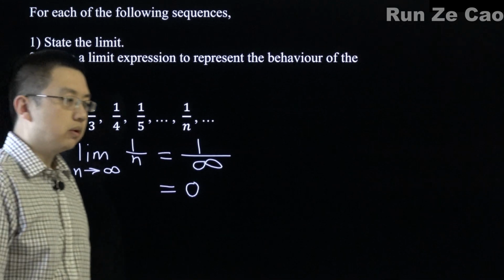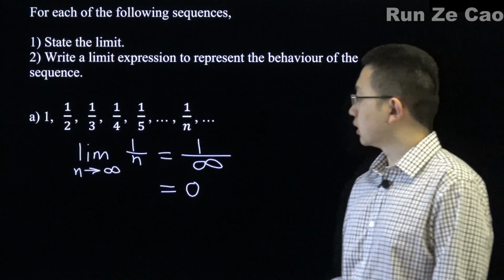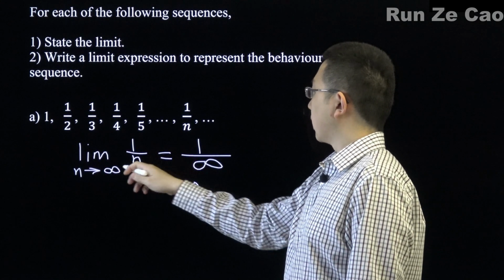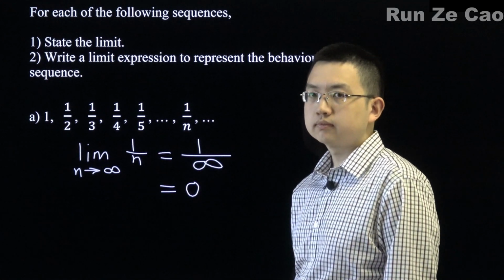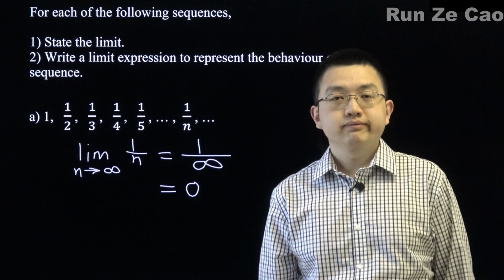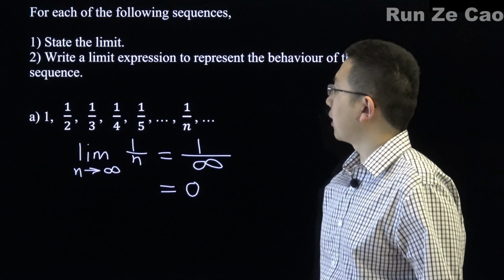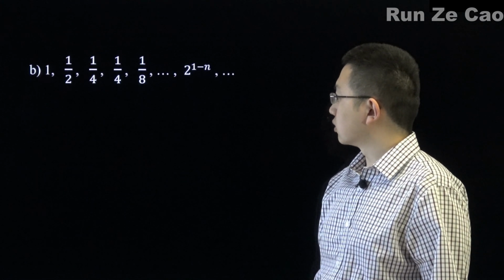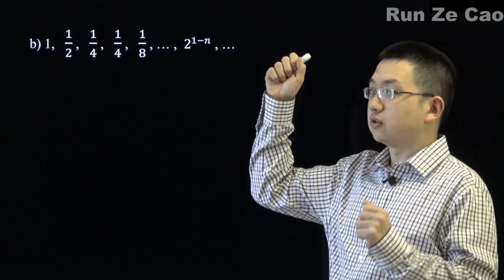Fortunately, when we write this limit expression, which is really lim n to infinity of 1 over n equals 0, this is equivalent to stating the limit, which means there's not much writing needed for the state-the-limit part, other than us verbally saying it, usually. Most teachers are fine with this. So there was much rejoicing. Hooray.